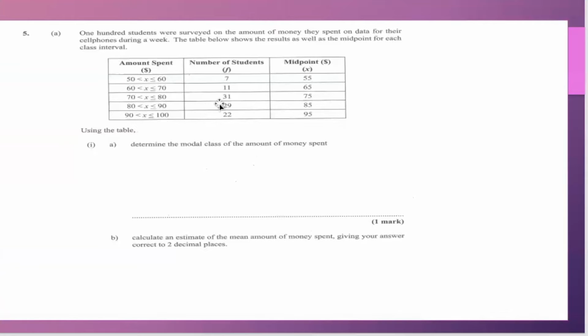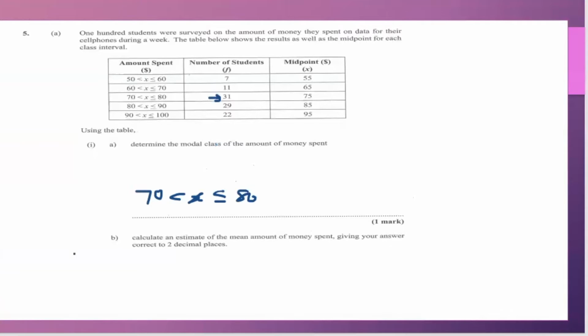So we look at the frequency. The largest frequency is 31. So the modal class would be X is greater than 70 but lesser than or equal to 80. So the frequency tells us this is the largest, which is the number of students. And going across, our modal class is X is greater than 70 but lesser than or equal to 80.